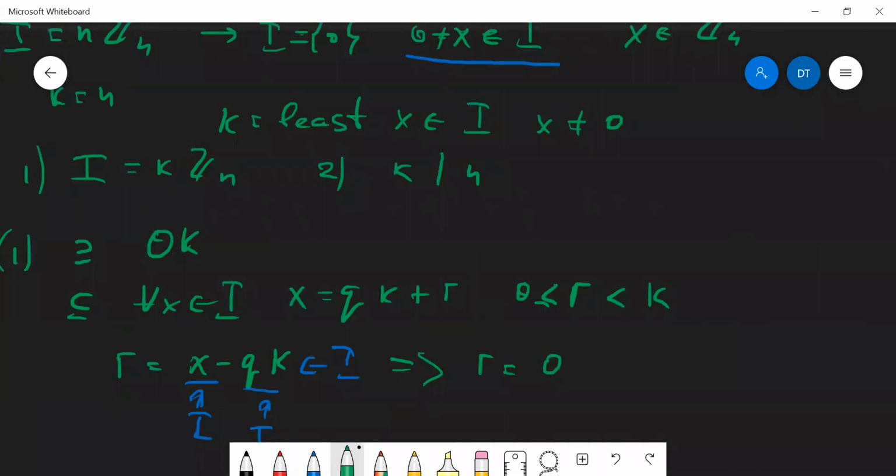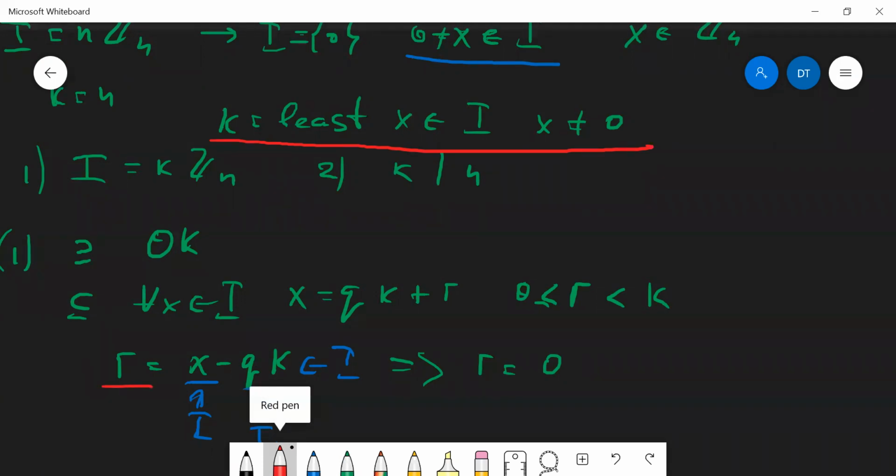So let me show you. By the definition of k, k was chosen to be the least non-zero element of the ideal I. And now we have r to be an element of the ideal I, and it's strictly smaller than k. So since k was the smallest non-zero, r must be 0.